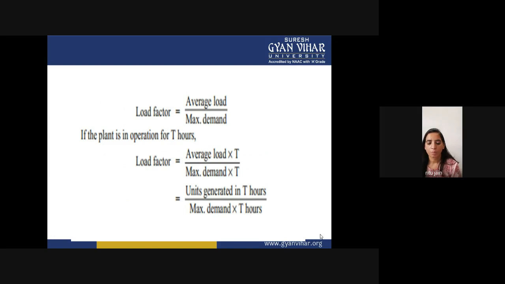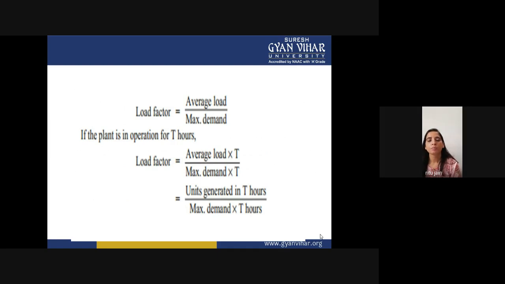For example, in your house you have connected 4 bulbs of 100 watt each, so total load is 400 watt, and you are connecting a fan that is also 100 watt, so total load is 500 watt.